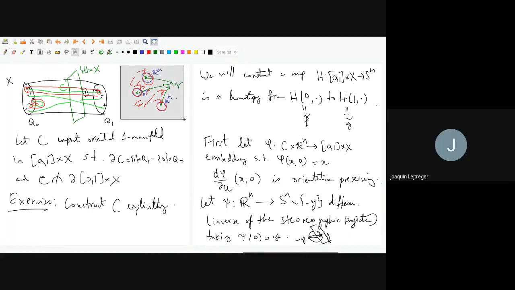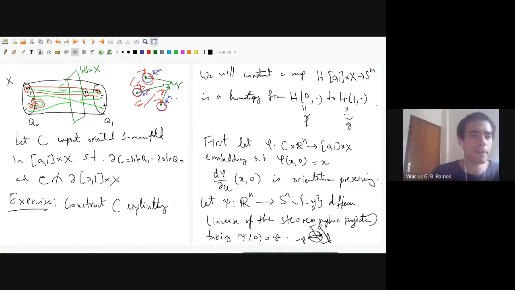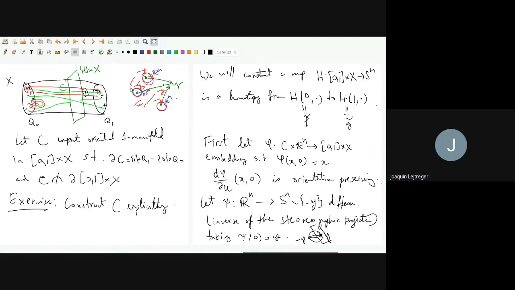Sorry, I still don't understand why you need to look at the tubular neighborhood. The main reason you need to look at the tubular neighborhood is because of these cylinders that come back. Otherwise, you can just apply this argument. Because with the time you could be hitting the point where it comes back, and there it's not transverse.